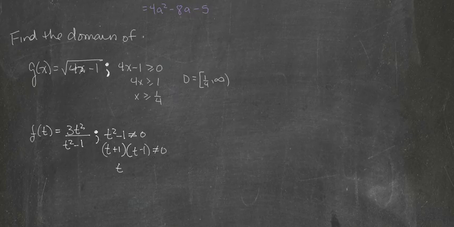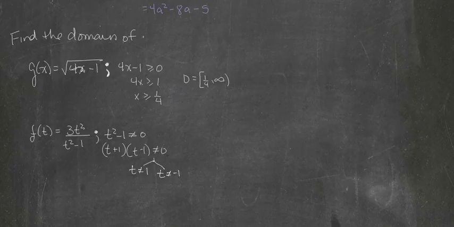So t, well, let's just stick with chicken feet because I like them. t does not equal 1 and t does not equal -1. Now in this case I'm not looking at an interval, I'm looking at some specific values. So for me to report the domain, I'm going to have to use set builder notation because it's the only one that lets me choose specific values without having to include the values between those specific values.